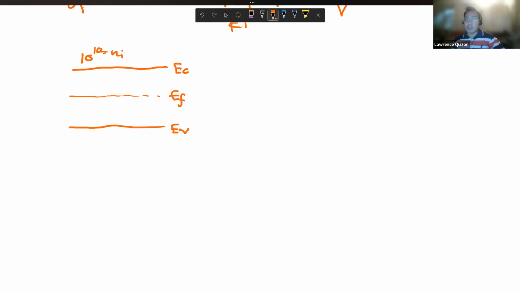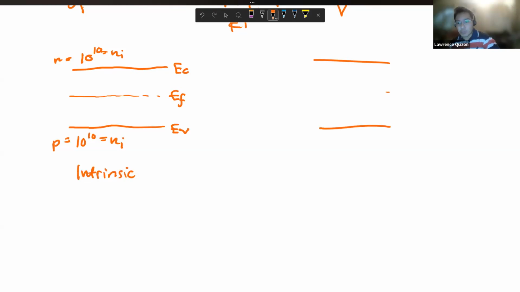Which is Ni, no? Intrinsic carrier concentration. How many holes would be down here? 10 to the 10 as well, right? Intrinsic carrier concentration, no? So that's case 1. This is intrinsic, right?